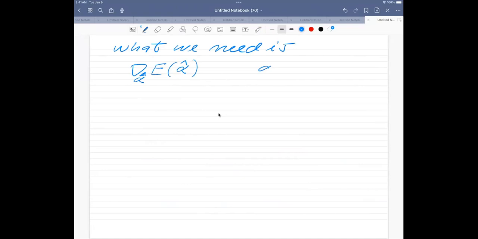And now I'm going simply to rewrite this alpha in terms of iteration, because this will be solved iteratively, of alpha n plus 1. So the gradient then, we want to drive that to 0. D of E of alpha n plus 1, we want that to be 0.